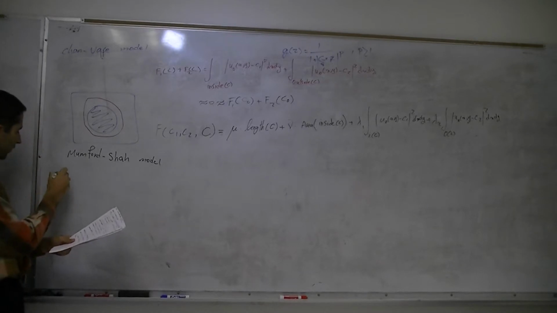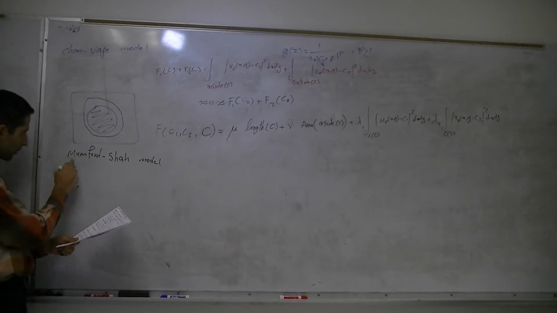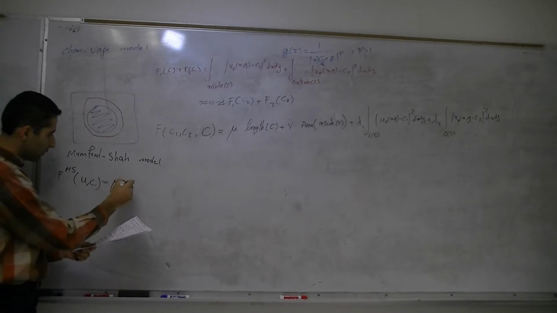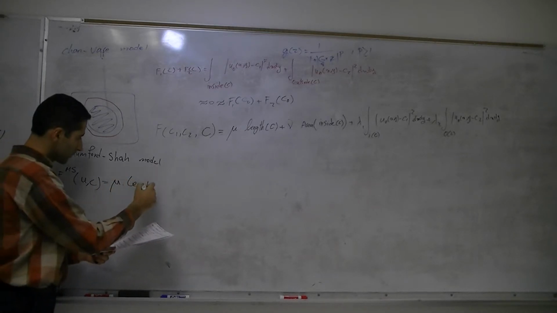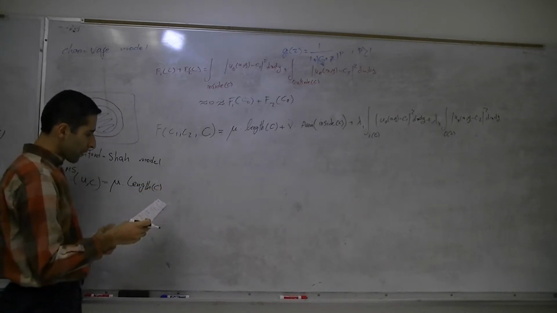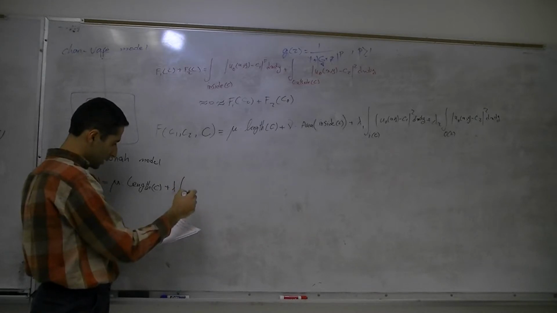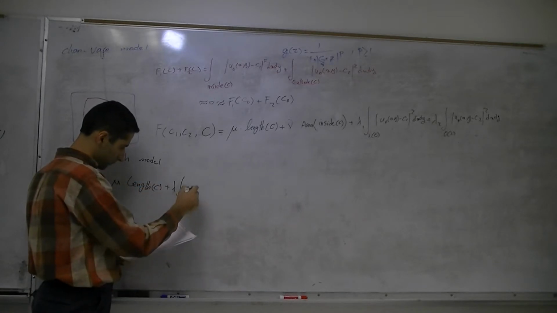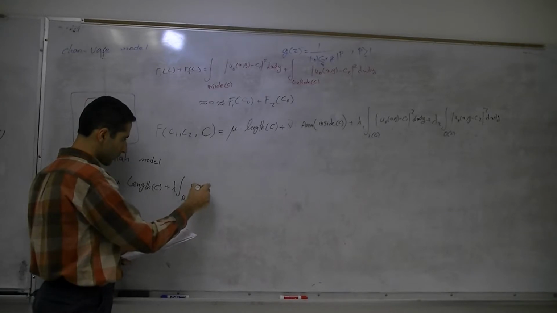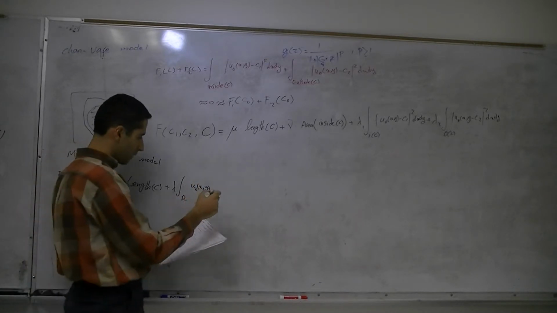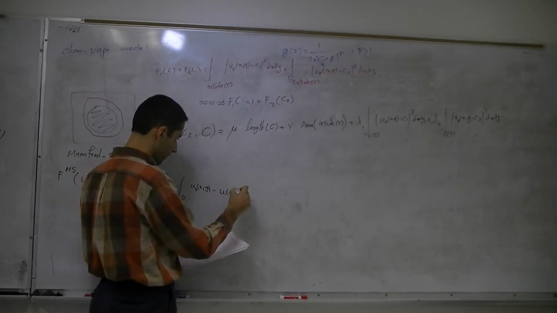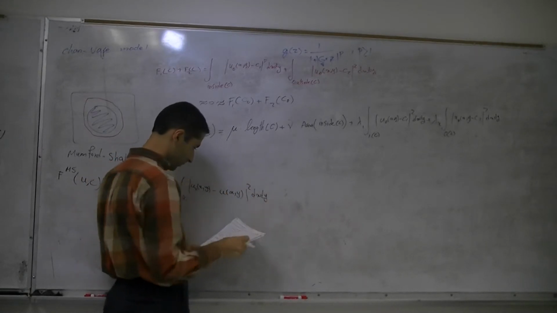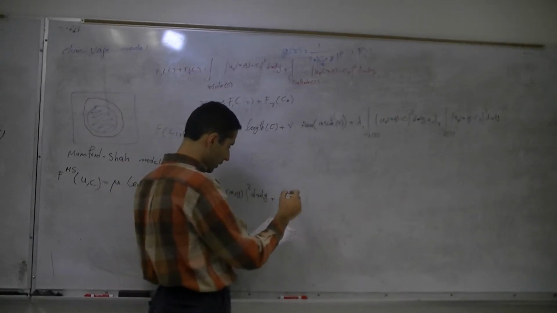In this model, the f of ms, which is m and s from here, of u, the intensity at the curve, is equal to mu times the length of C plus lambda times the integral of the intensity of xy minus u, plus the gradient term.